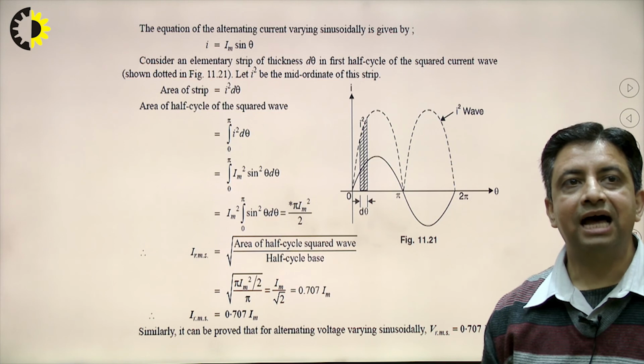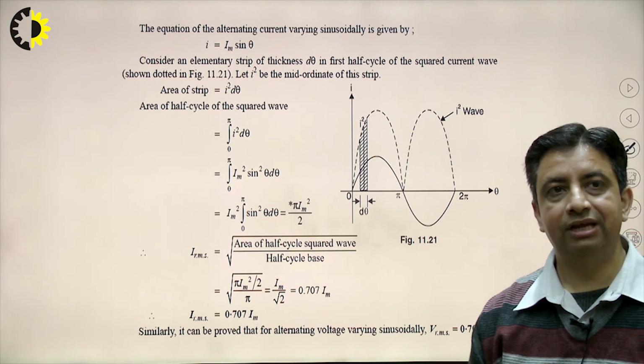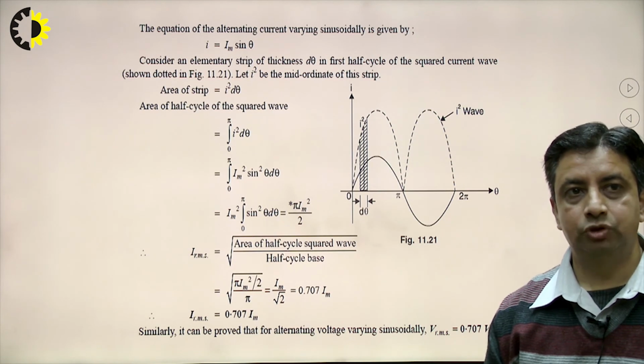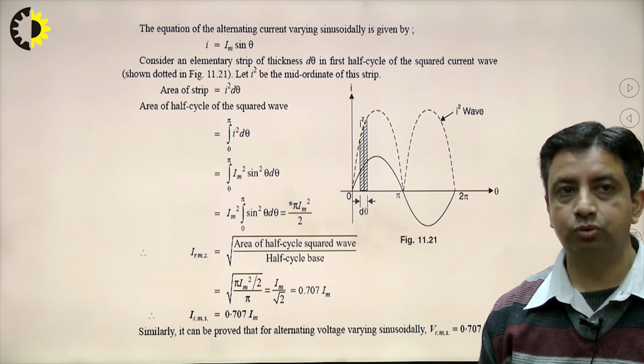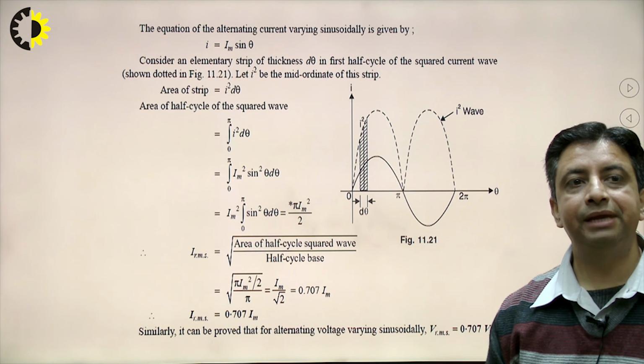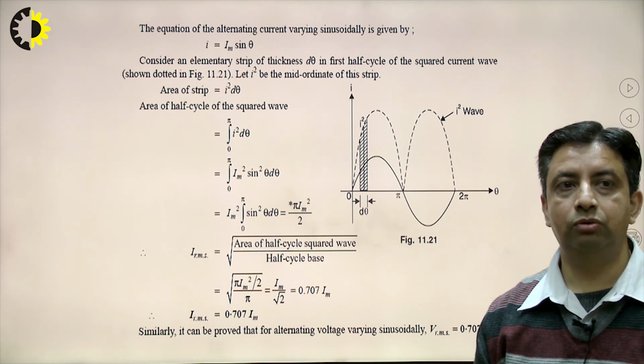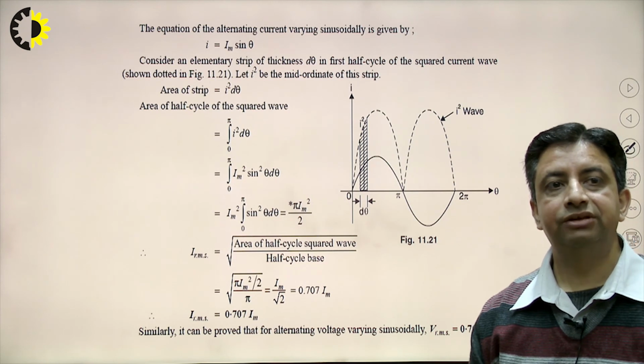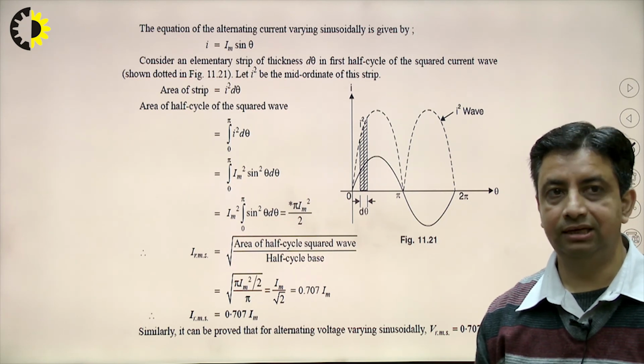This I, that is the instantaneous value, can be replaced by Im sin theta. So it will become Im square sin square theta. Now Im being constant, I will take it outside. So Im square comes outside, and in the integration we have sin square theta d theta.